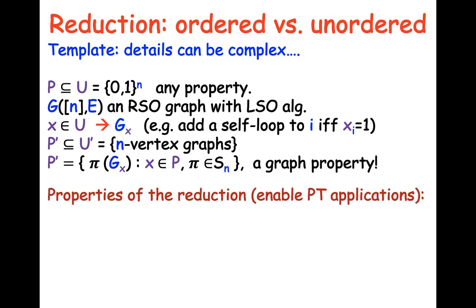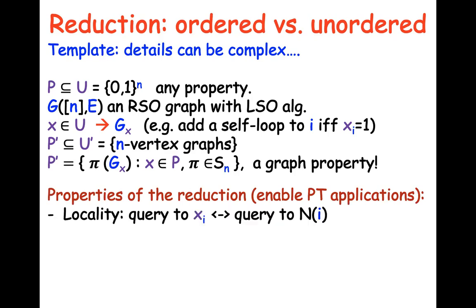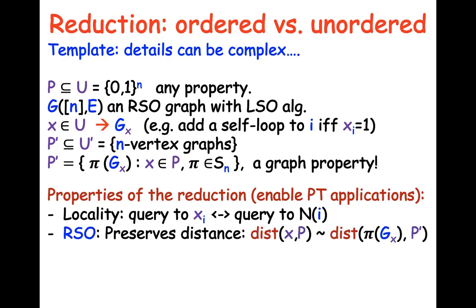And of course, the main thing that enables the reductions are all the properties that I described. The locality of the embedding, of course, means that we can obtain the bit from looking just at the neighbors of i. Robust self-ordering ensures that distance is preserved.